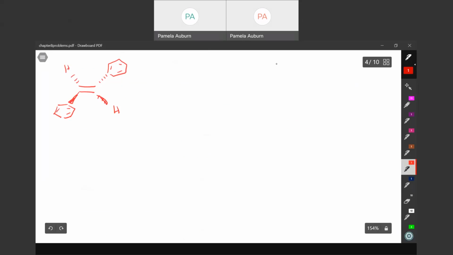So the way that I've drawn this is that the pi bonds are in the plane of the board, and the things with wedges are coming out towards you, and the things with dashes are going behind.